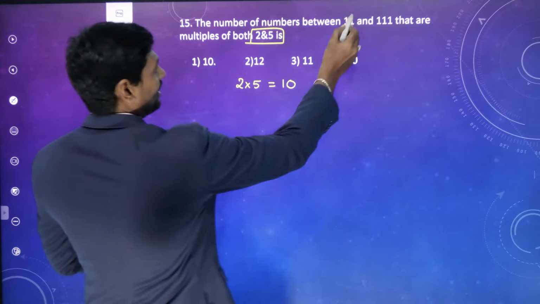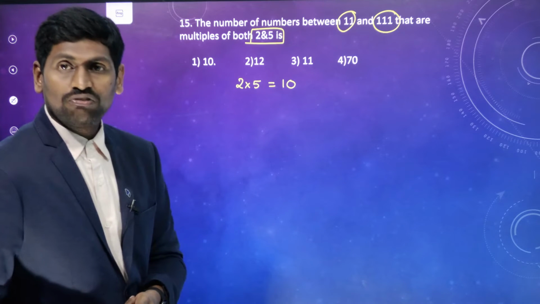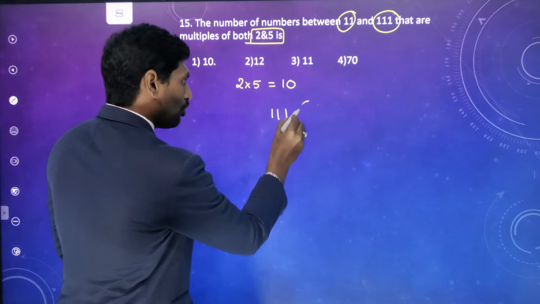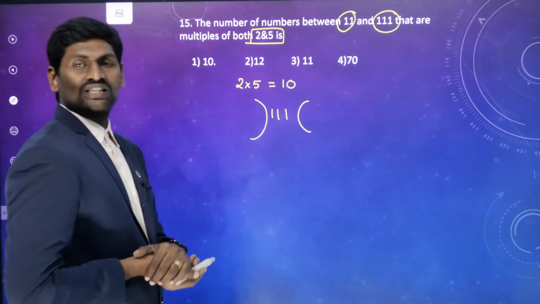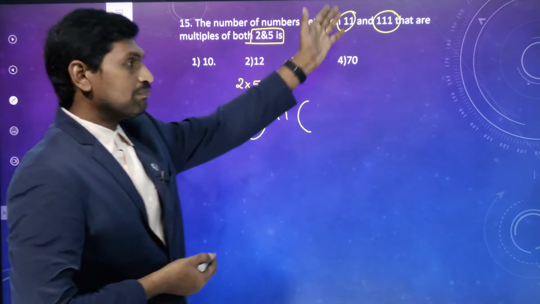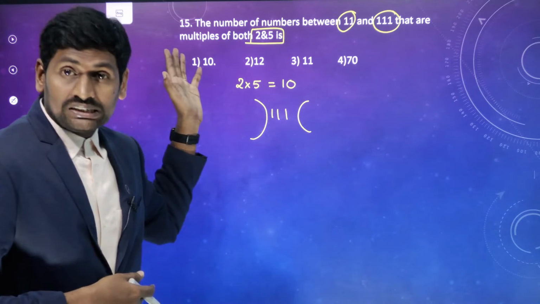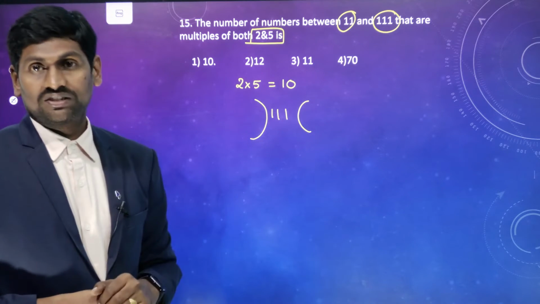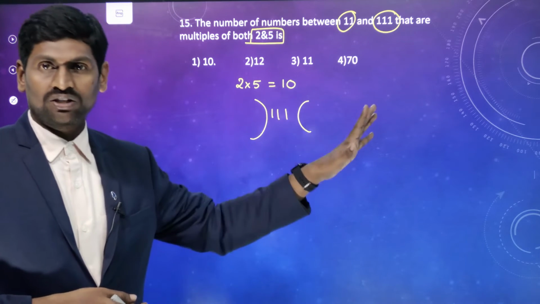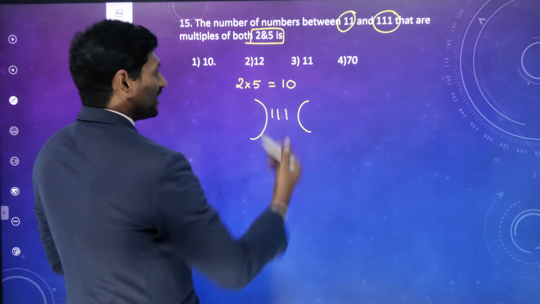Now among 11 and 111, what is the highest number? 111. So let us find how many numbers are divisible by both 2 and 5 up to 111. That means I am considering from number 1 onwards, natural numbers 1, 2, 3, 4, 5, all numbers up to 111.